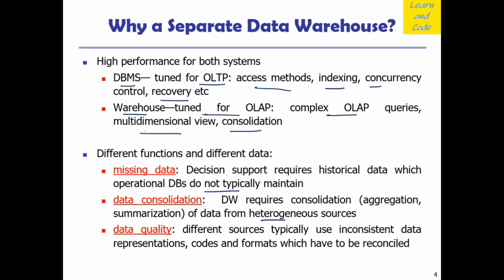There may be different codes and formats, but they have to be reconciled in case of data warehouse. Only then can we use data mining techniques to get knowledge out of that data. Okay. So these are the fundamental differences between databases and data warehouses. I hope these differences are clear to everyone.